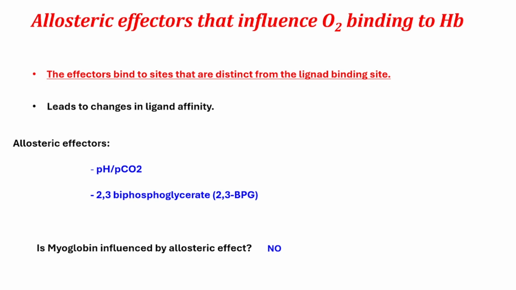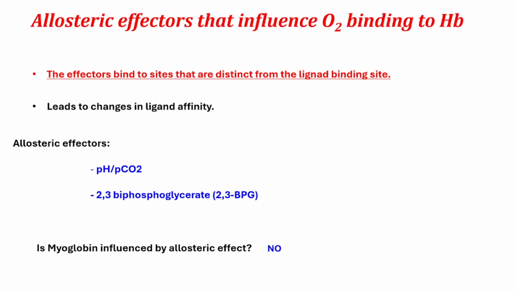Other molecules can bind there and affect the activity of the enzyme. It doesn't touch the active site; it's an independent site. So the allosteric effectors are molecules which can bind to the allosteric sites and change the binding of oxygen to hemoglobin.